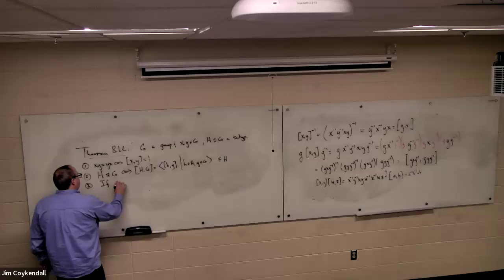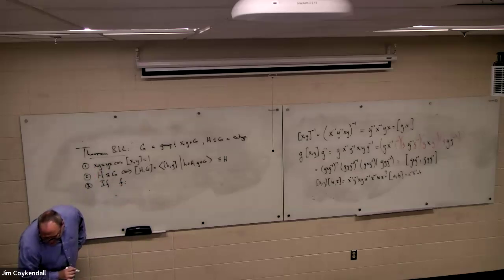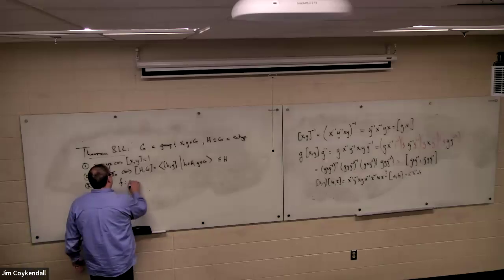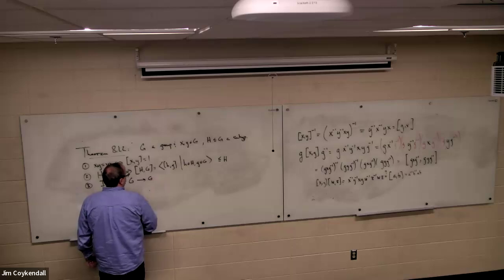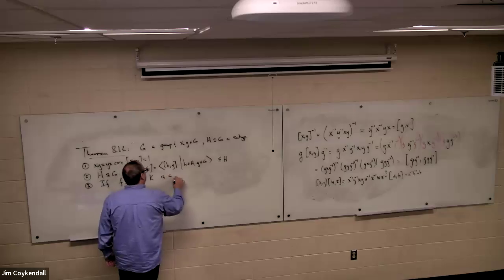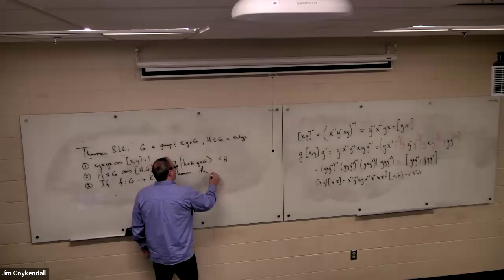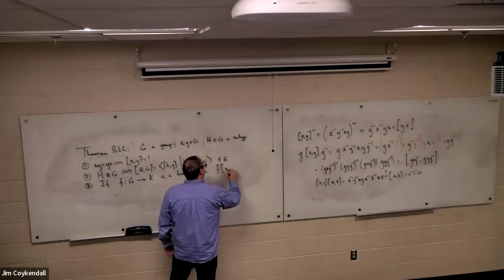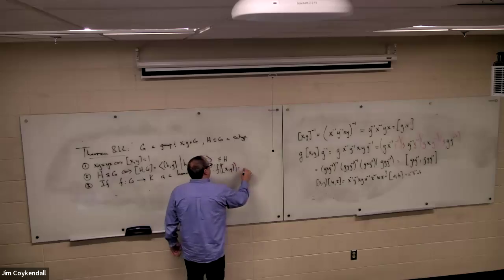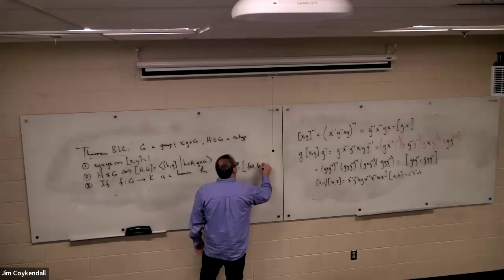If f from G to K is a homomorphism, then f of a commutator [x, y] is the commutator [f(x), f(y)].